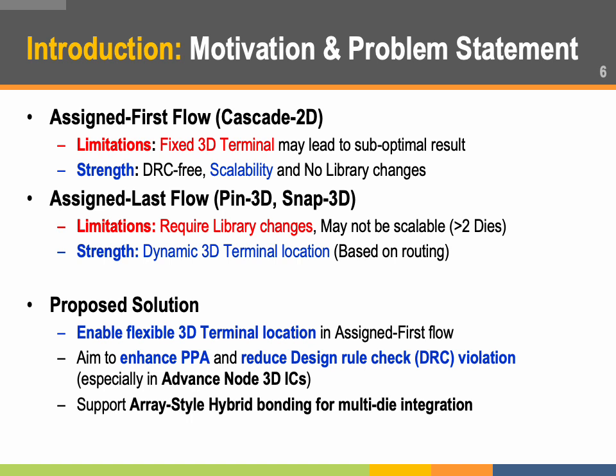To overcome these limitations, we propose a new approach that combines the advantages of both. First, we enable flexible 3D terminal placement within the assign first flow. And second, enhancing the PPA, reducing DRC violations, and supporting array-style hybrid bonding for multi-die integration.